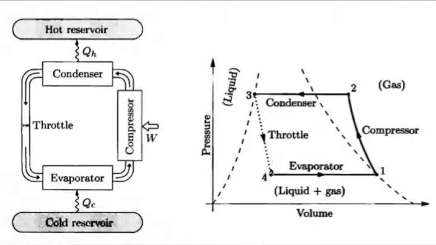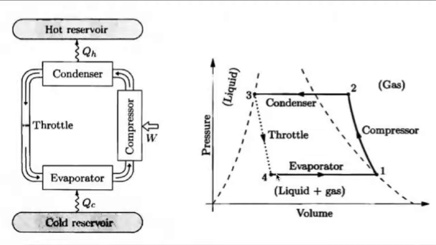Alright, then at step 4 we have once again a liquid and a gas, and now it's back at a lower temperature. In fact, it's at a lower temperature than what we want our refrigerator to be at. So for instance, if we wanted our refrigerator to be set at something like 36 degrees Fahrenheit, our refrigerant at this point might be as low as 10 degrees Fahrenheit or lower.